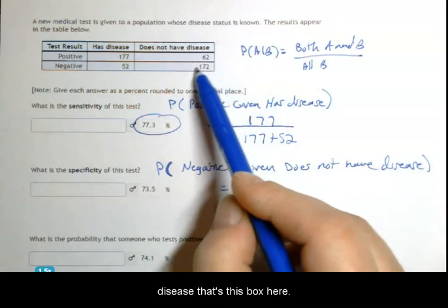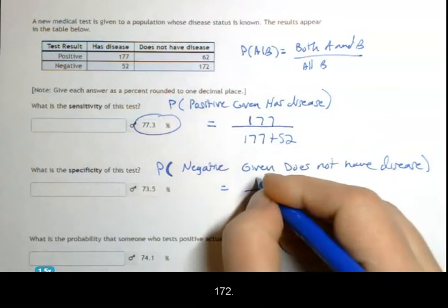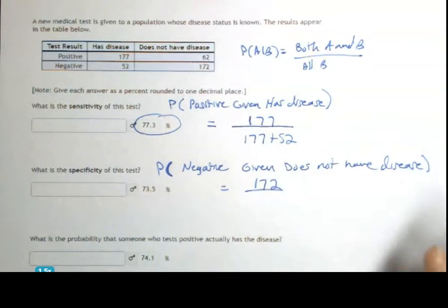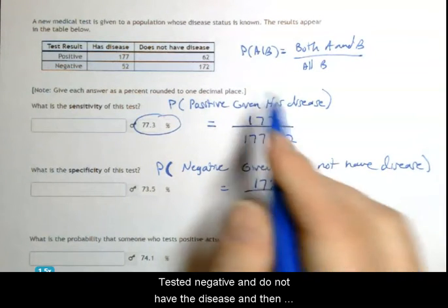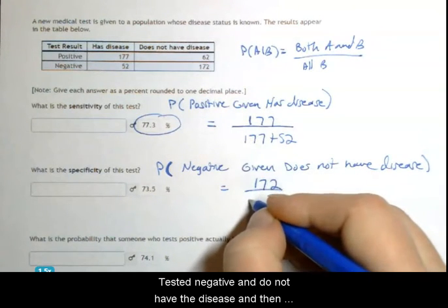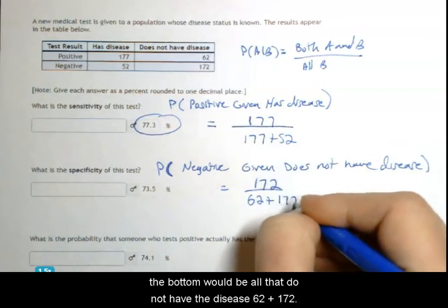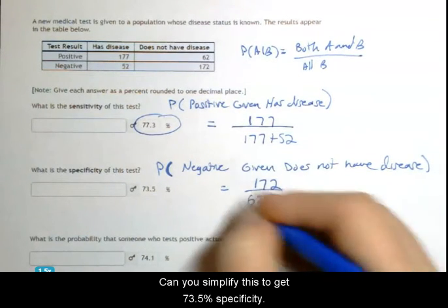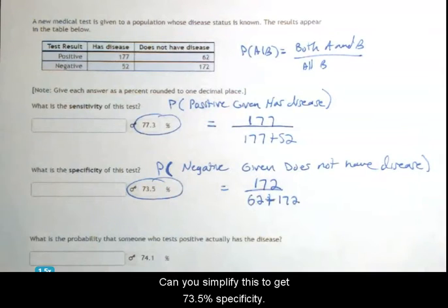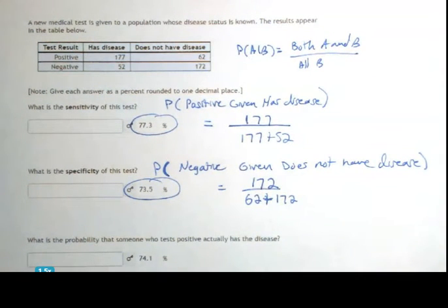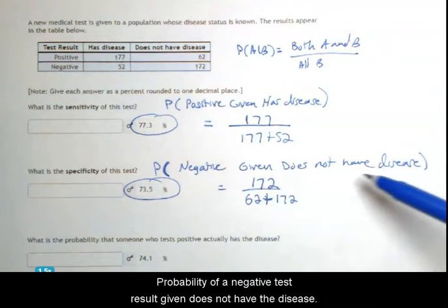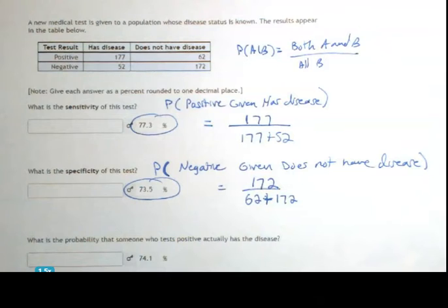That's this box here. 172, both tested negative and did not have the disease. And then the bottom would be all that do not have the disease, 162 plus 172. And then you simplify this to get 73.5% specificity. The probability of a negative test result given does not have the disease.